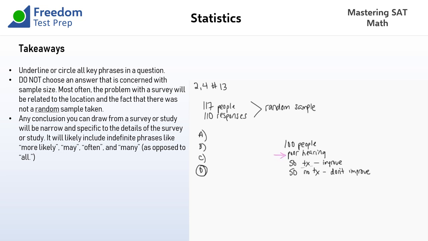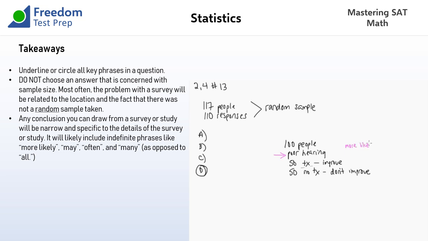So the answer has to only include people who have poor hearing. And so more likely, the right answer is going to be something that is not definite. It'll be the people who have poor hearing are more likely to improve if they're given that treatment.